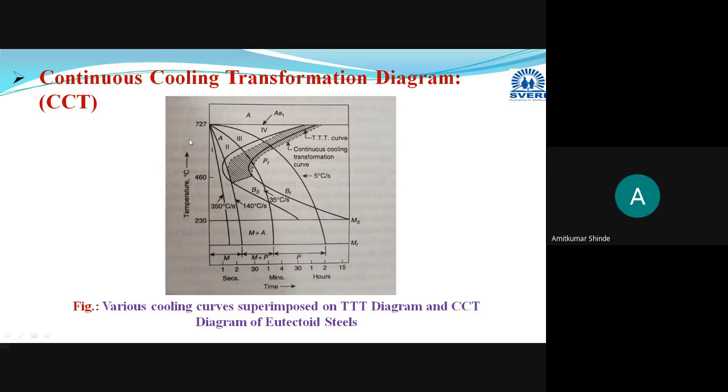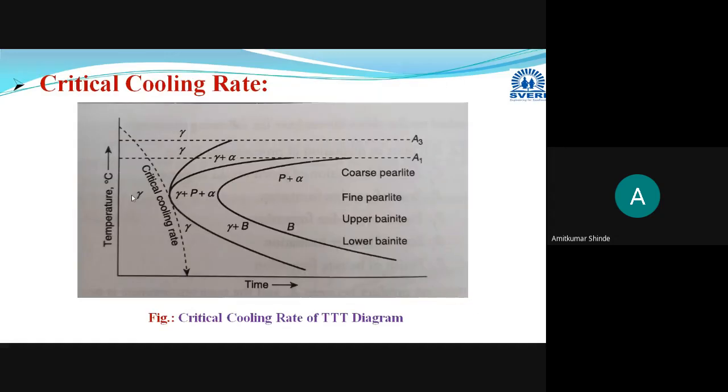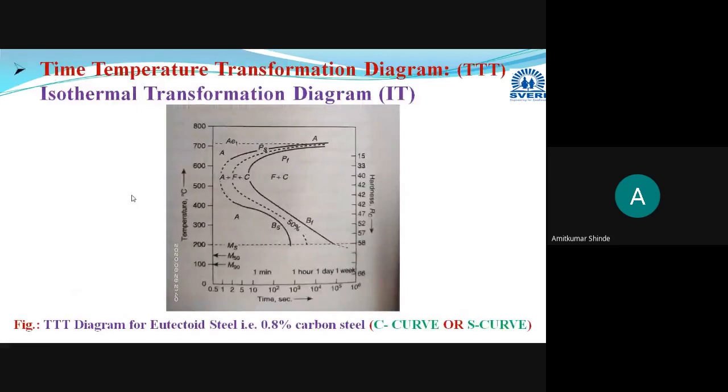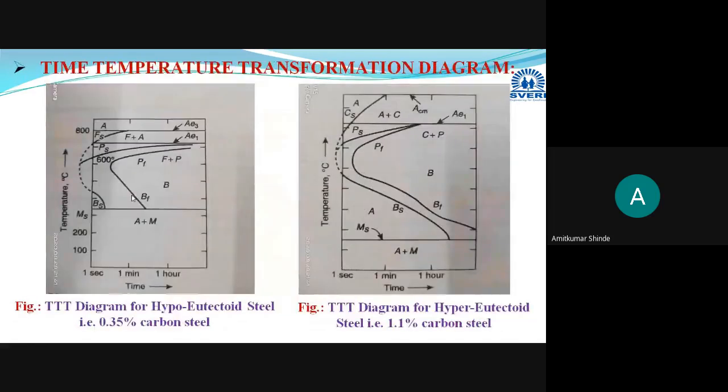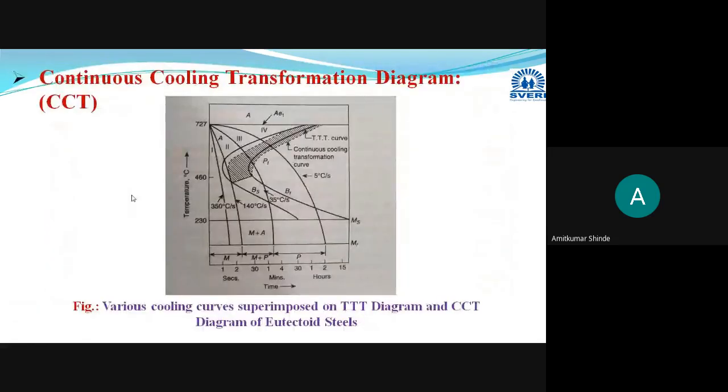In this way, we have studied the TTT diagram and CCT diagram. In the examination, one question will compulsorily be there: you have to draw the TTT diagram or the CCT diagram.